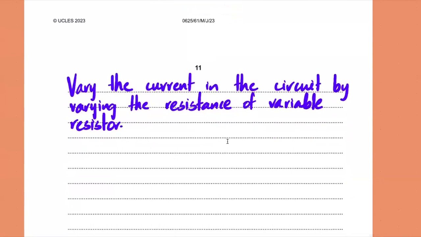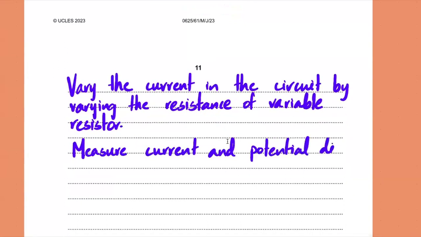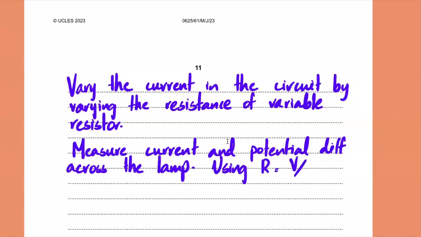And we will measure current and potential difference across the lamp, right? And later you can also say that using this equation, because this is what you aim to do here, you want to see how resistance changes. So using R equals V over I, we will calculate the resistance.